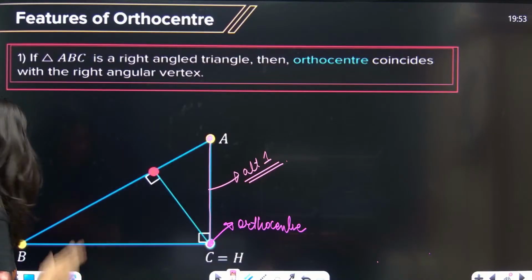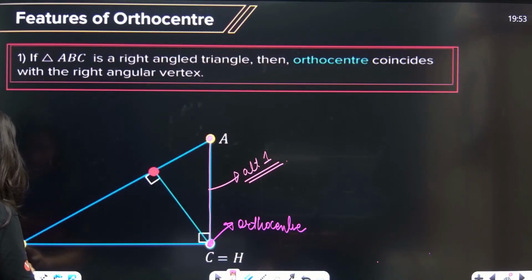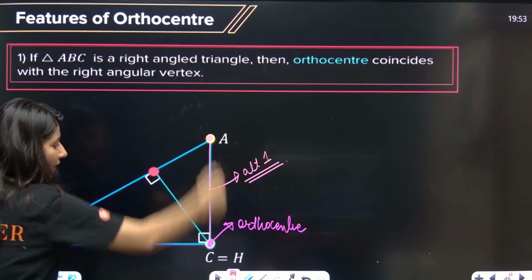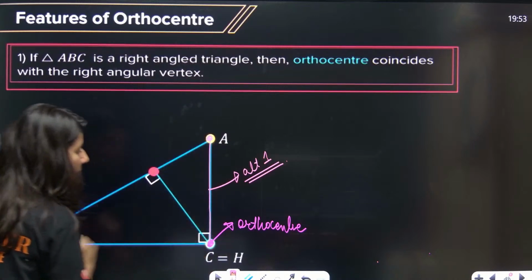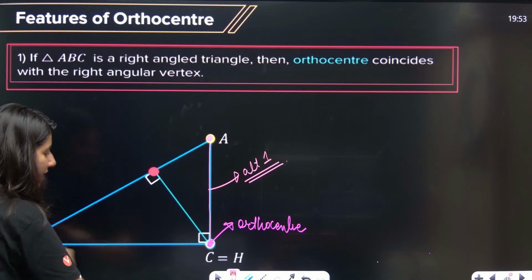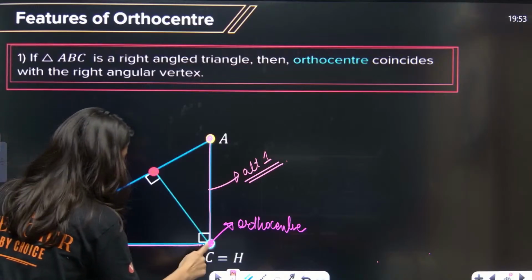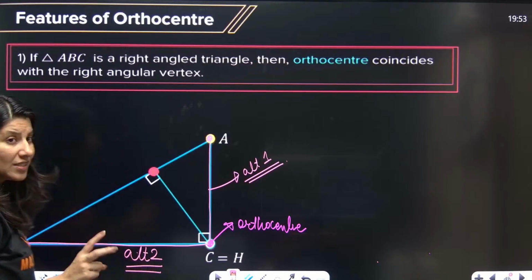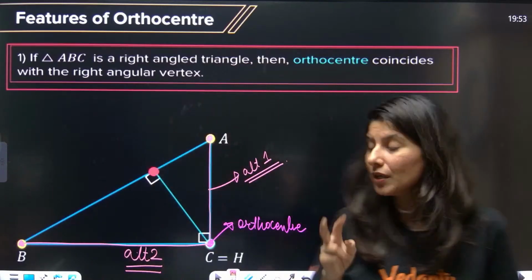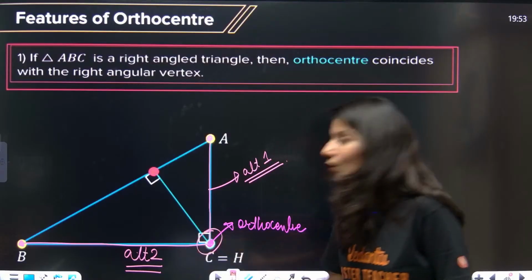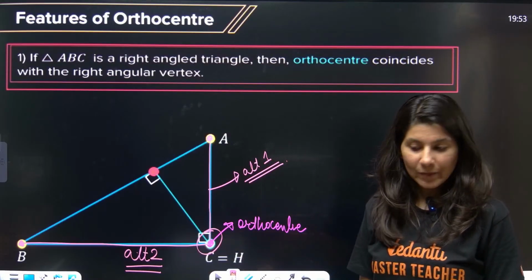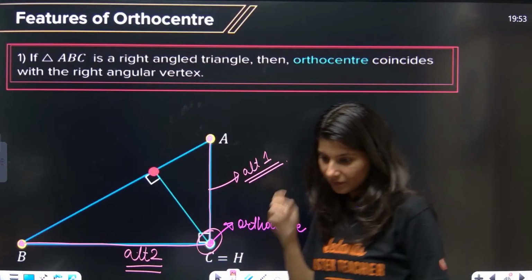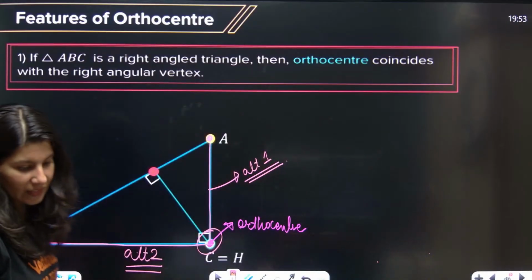Now you have vertex B right here. And if from vertex B, you drop a perpendicular on AC, this is also the second altitude, altitude number 2. Can you see the meeting point of the 2 altitudes is nothing but the vertex C itself? Yes or no?